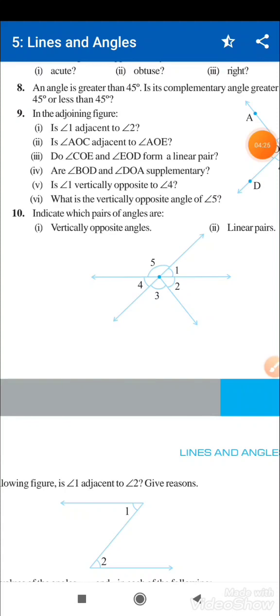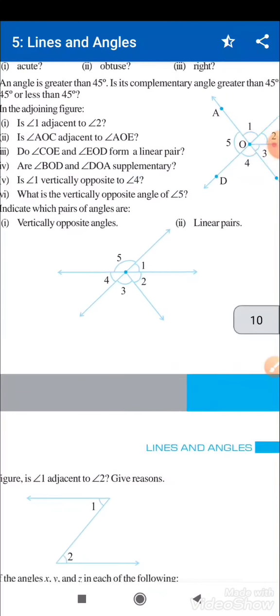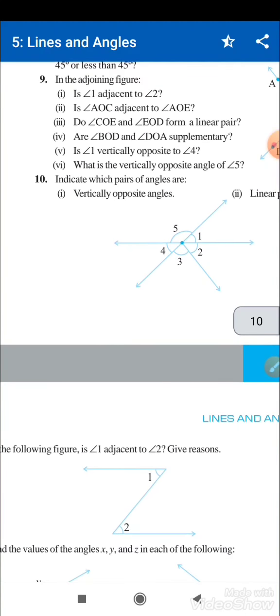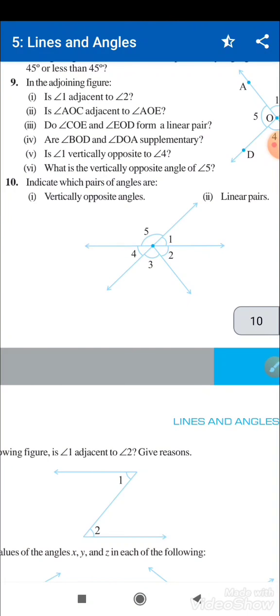On to our next question. Indicate which pairs of angles are vertically opposite angles and which pairs of angles are linear pairs. First we move to the first part, vertically opposite angles.